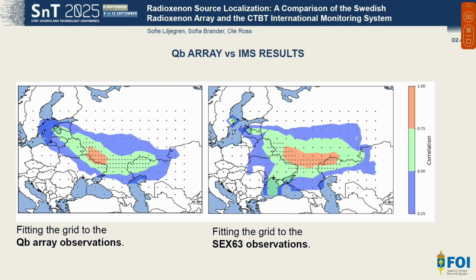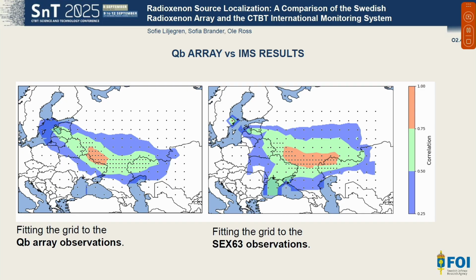There are basically two very interesting things that happen when you use more stations. Even though the SCX63 station is a more sensitive station, with 6 hours collection time compared to the 12-hour collection time, using the array you shrink this area of very high correlation by about, I think, 75%.